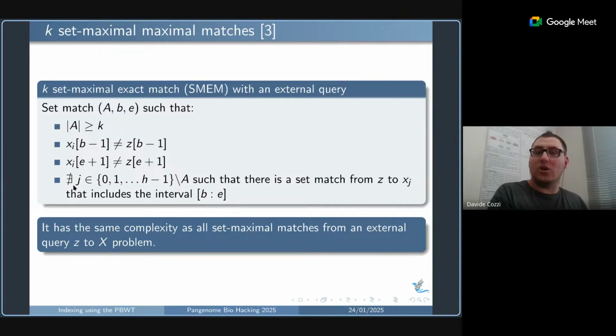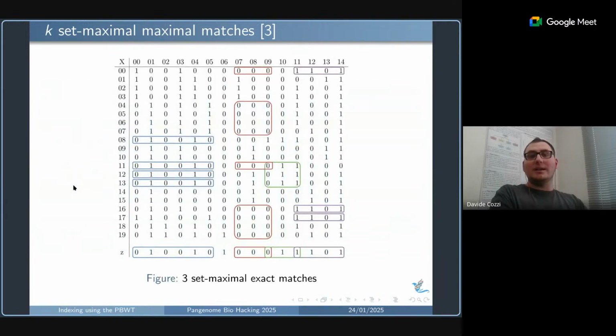So we provide a coverage of a minimum of k lines in the reference panel. And here we can see an example with k equal to 3, and obviously all the matches with just 1 line disappear, and we have smaller matches in terms of columns, but obviously bigger in terms of rows.